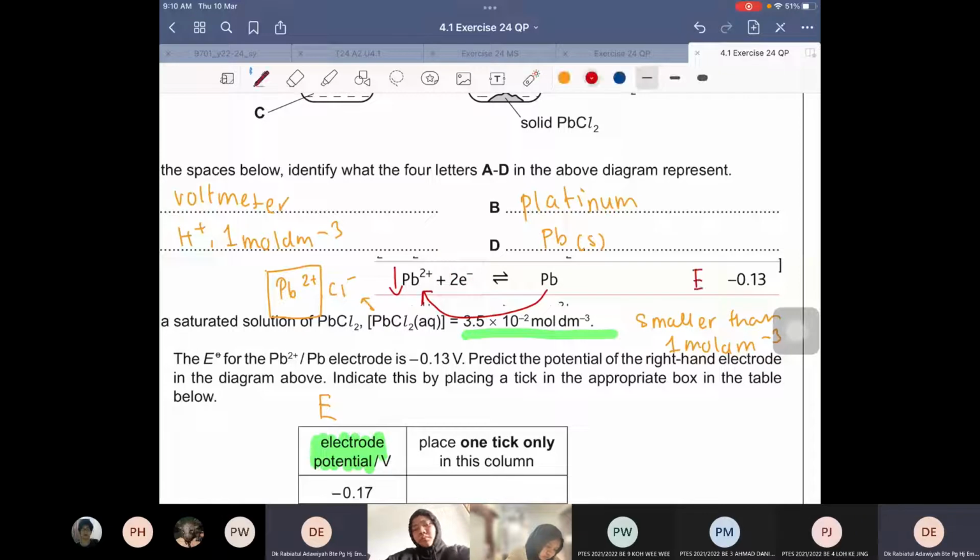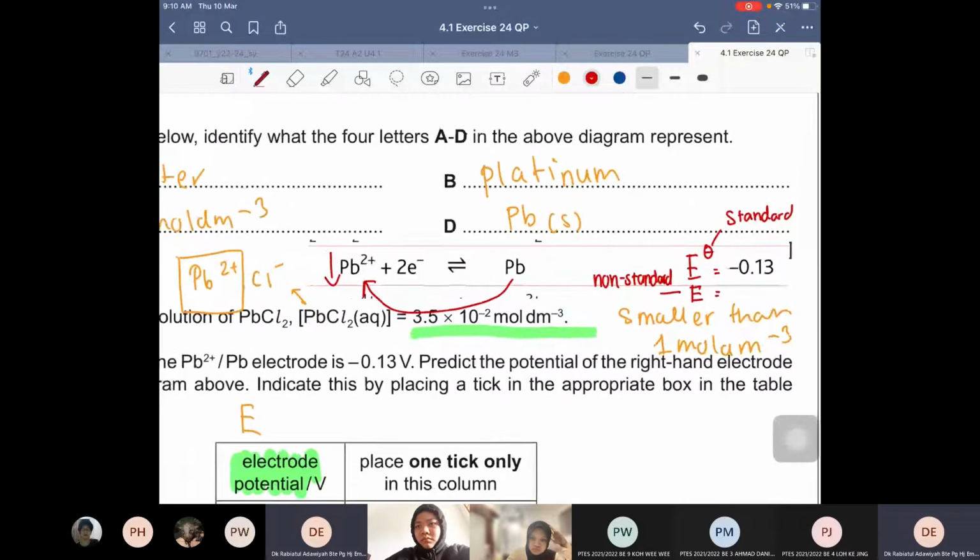So if your E note is negative 0.13, your E, which is under non-standard condition, okay, so this is standard, and this is non-standard because you have changed the concentration. Instead of using 1 mole per dm cube, we now use something smaller, 3.5 times 10 to the power of minus 2.